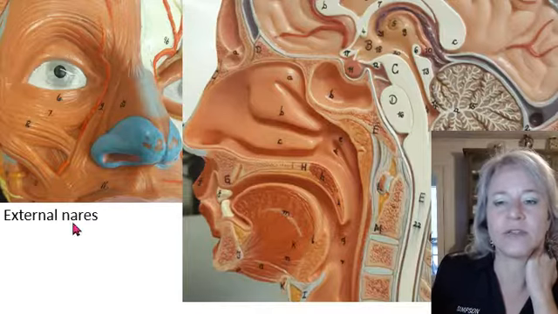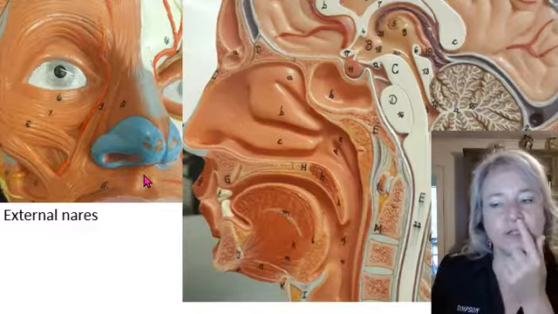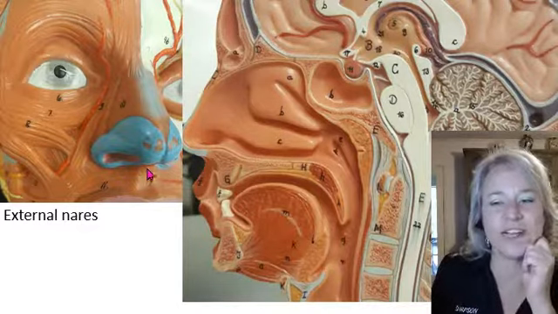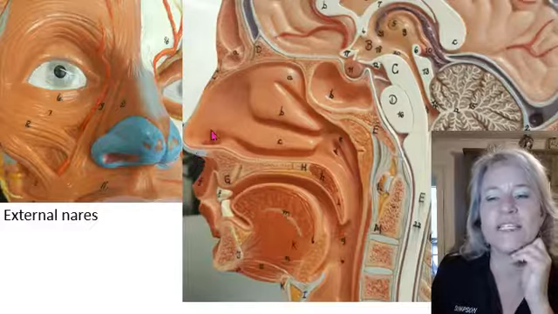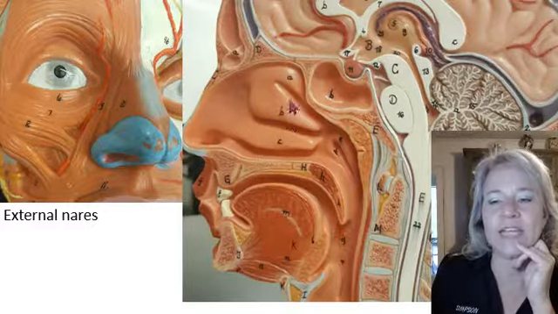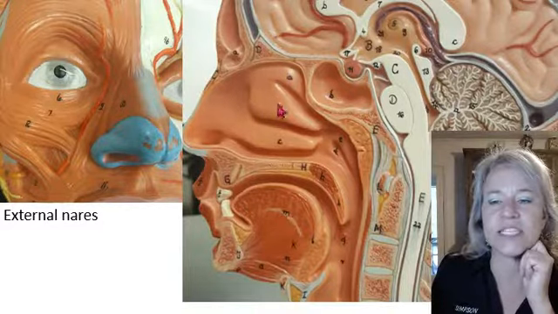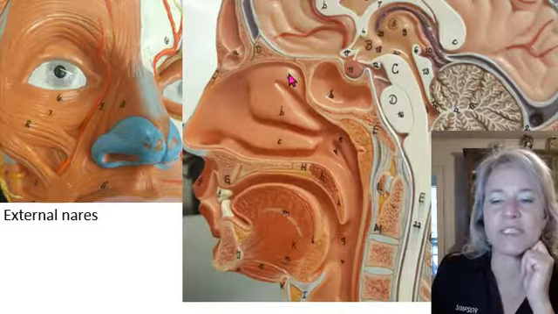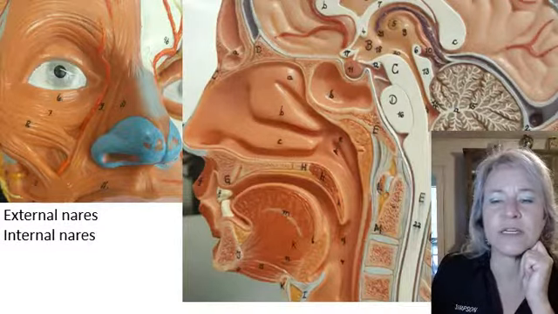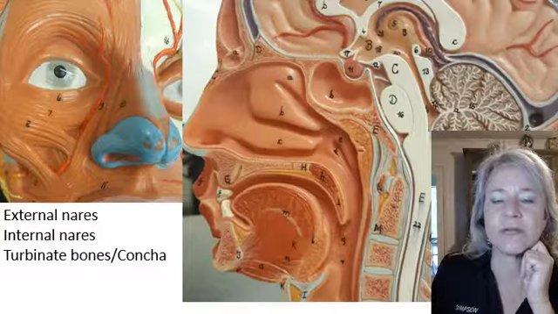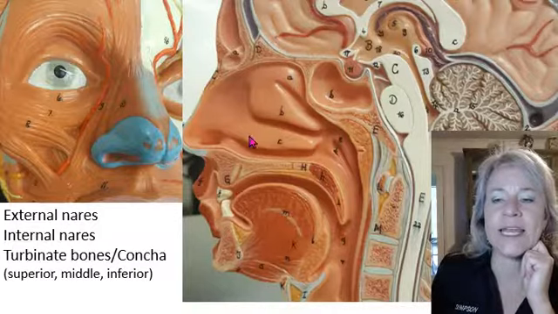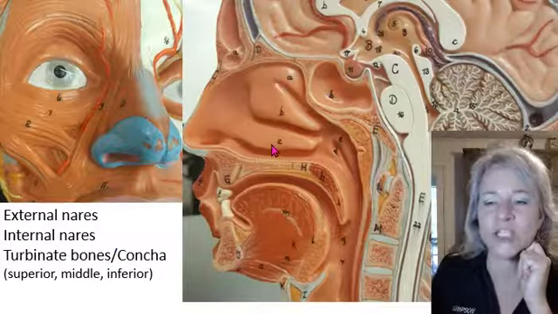Now the opening to the nose here, these two little openings to your nostrils, are the external nares. And when you move into the nasal cavity, we have these three bones here. These little bone extensions, and this bone here. This is the superior, middle, and inferior turbinate, or superior, middle, inferior concha.